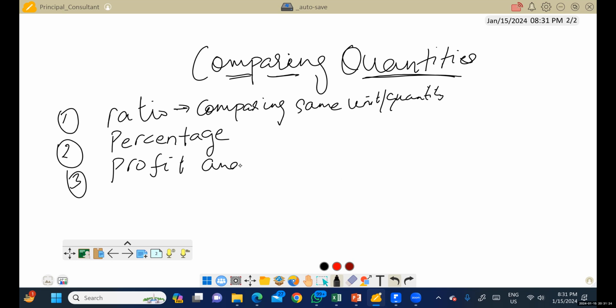Okay. So Priyashi. Good. Profit and loss. What else is there when we compare quantities? Narayani, I'm saying when we compare quantities, we are also saying that if they are equal or not.